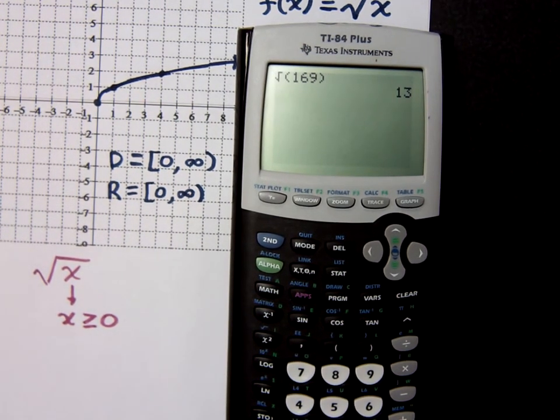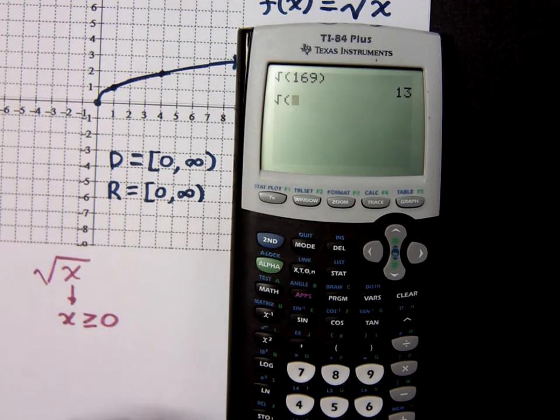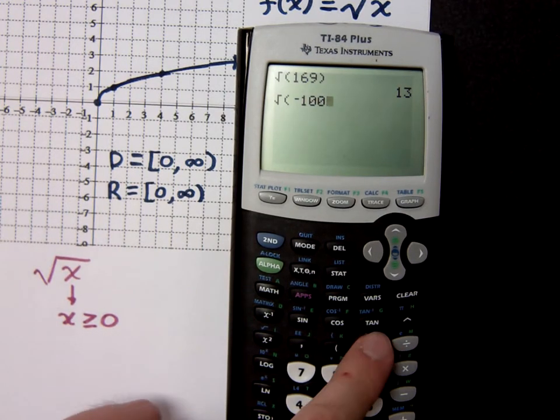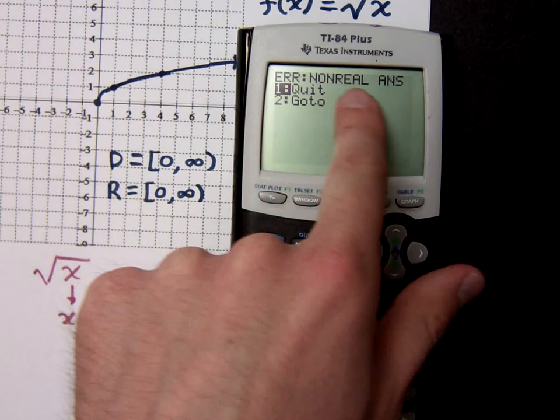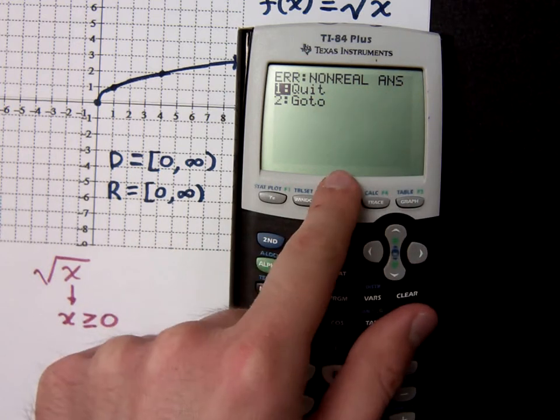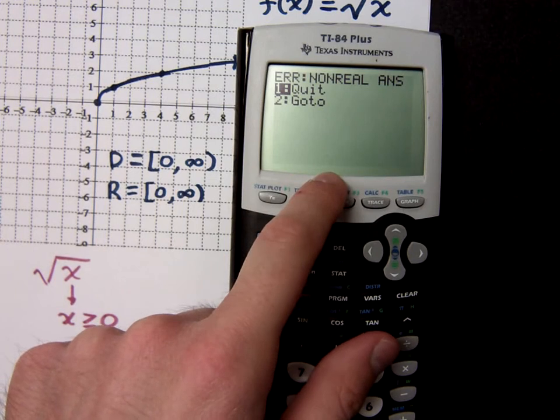It's a good practice for you to do that, okay? And if I do the square root of negative 100, what should that be? No, not imaginary. It's not real, right? And you see it gives you an error, it says a non-real answer. Later on I'm going to show you how you can adjust the settings in your calculator to accept that kind of input value.